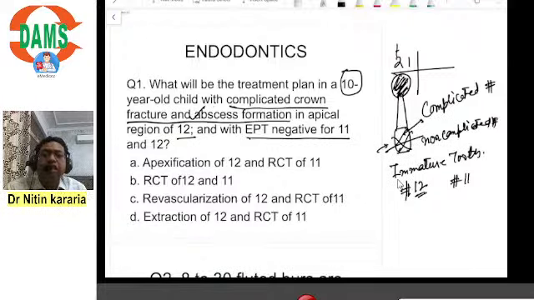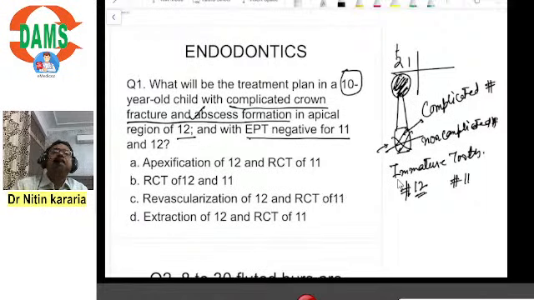And since the age of the child is just 10 years old, again the root formation is incomplete with the central incisor too. But it is simply a non-vital, immature central incisor. No periapical abscess formation is there and no fracture of the crown is there. So we can save that tooth.